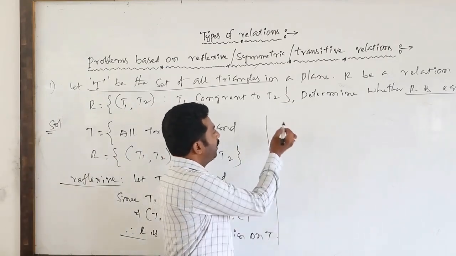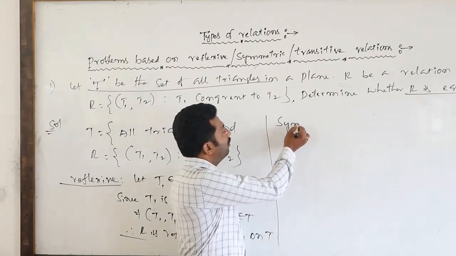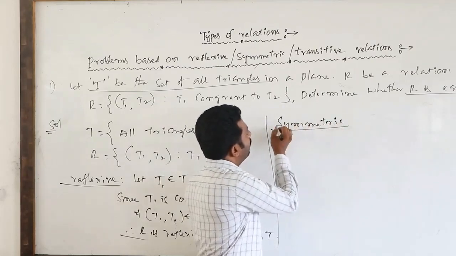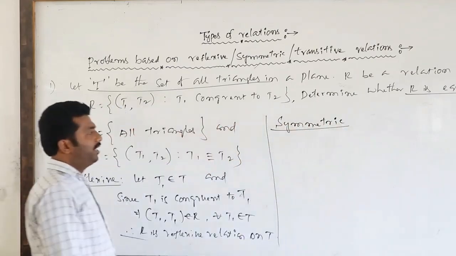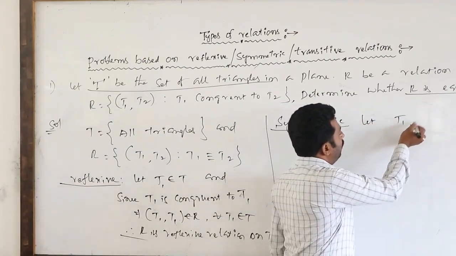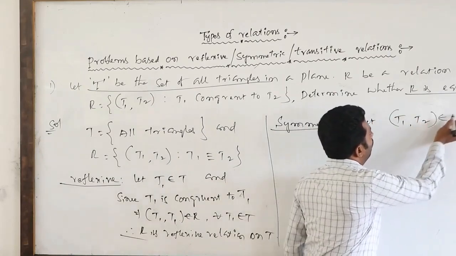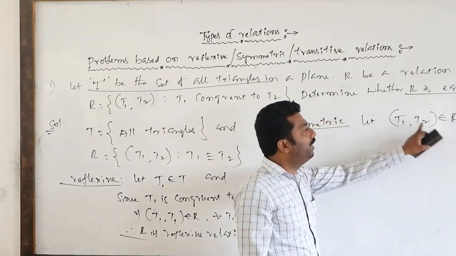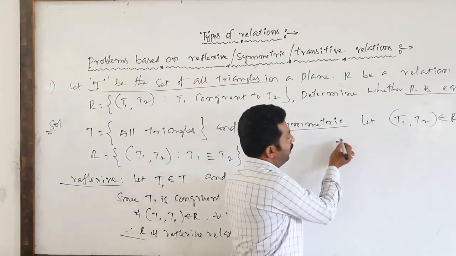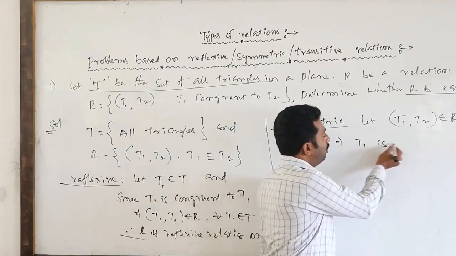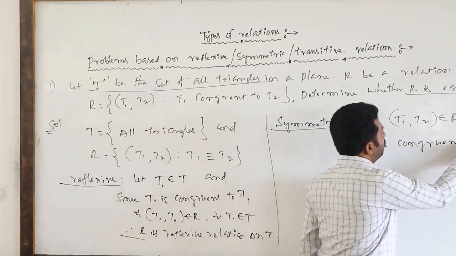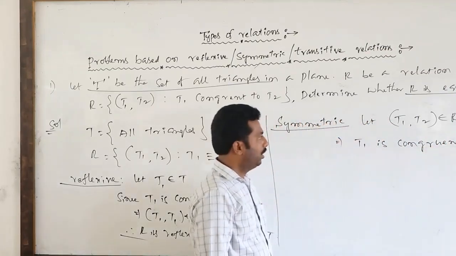whether capital R is symmetric or not. So what is the symmetric concept? Any one pair we will select. Let (T1, T2) belong to capital R. Suppose T1 and T2 are congruent, that is, T1 is congruent to T2.